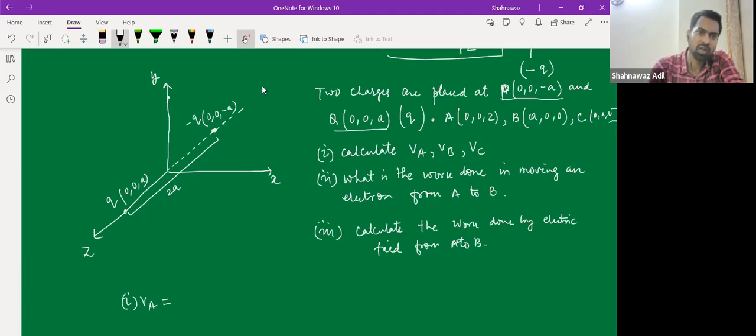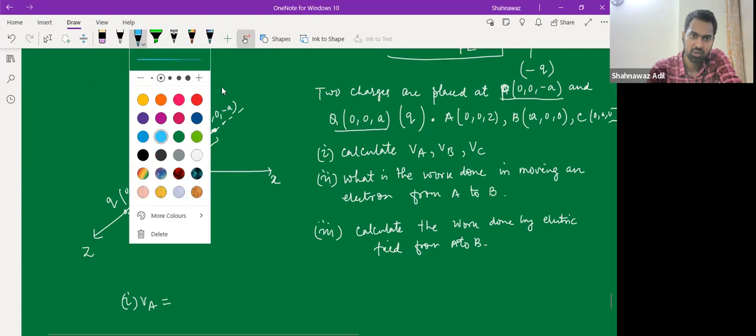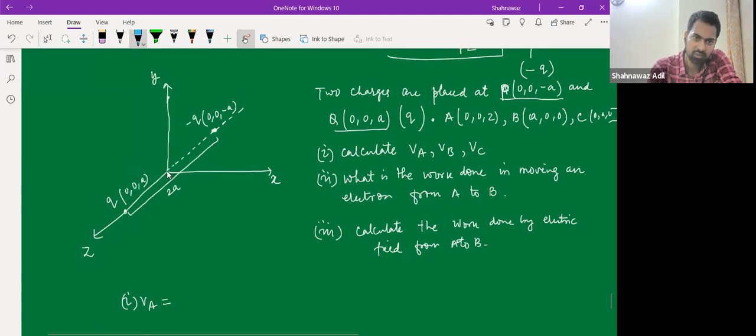Which point is A, guys? Mariam is saying axial point. Do you agree with Mariam's answer? This is point A, which is (0, 0, z), and B is (a, 0, 0).